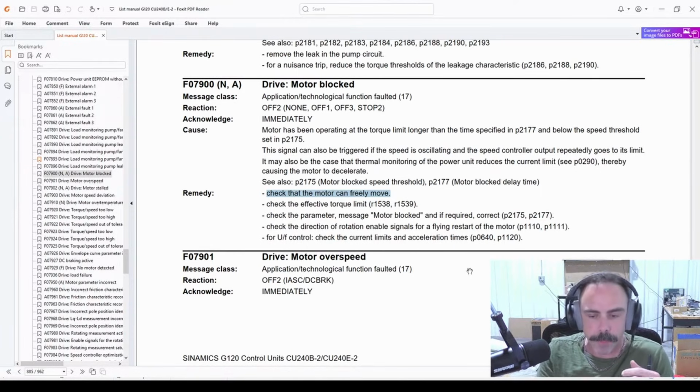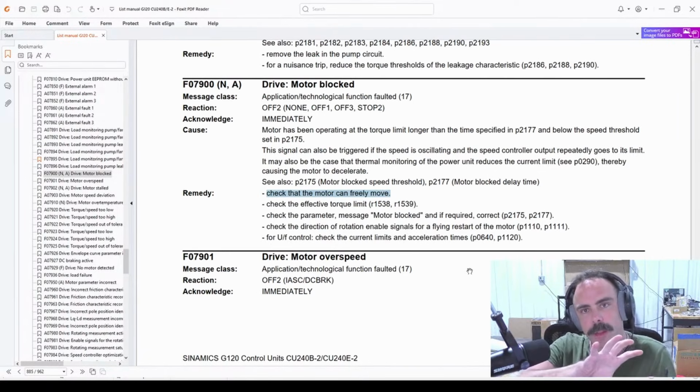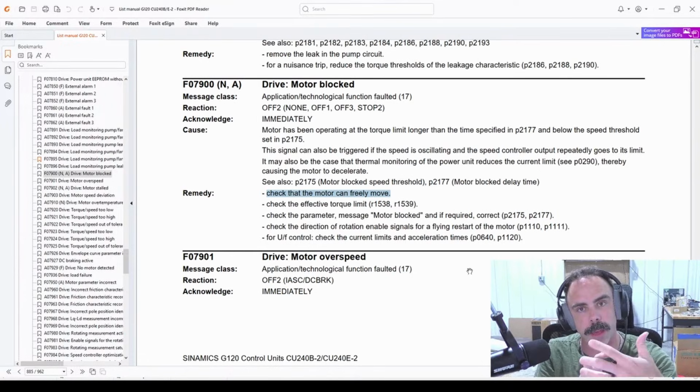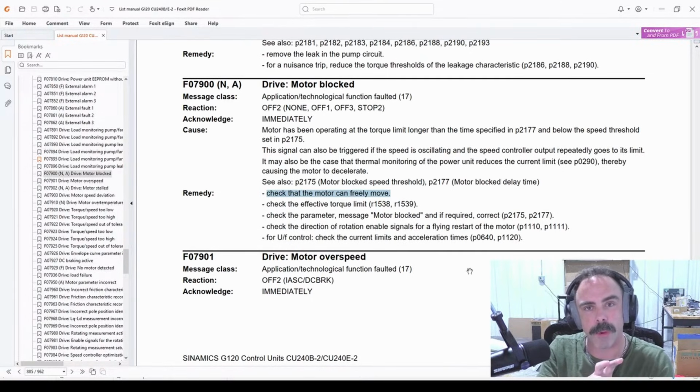If you try to turn counterclockwise and the encoder is connected so that the pulses are pulsing clockwise, the speed controller will say, hey, I'm not turning in the right direction, I'm moving backwards, so I need to speed up, which makes you speed up even more backwards, and then the motor just faults out.